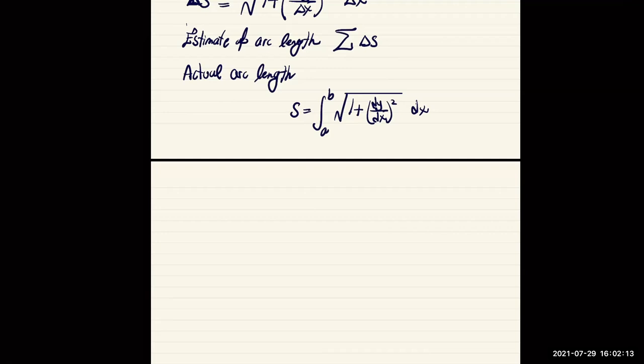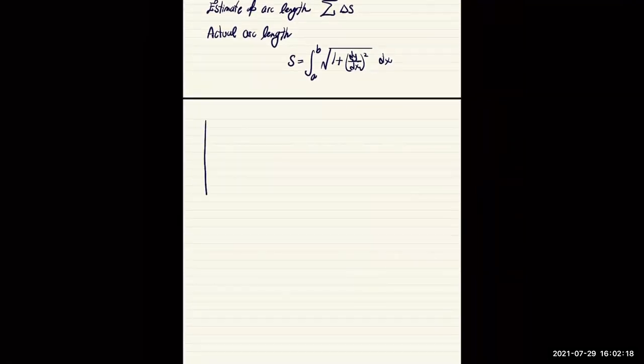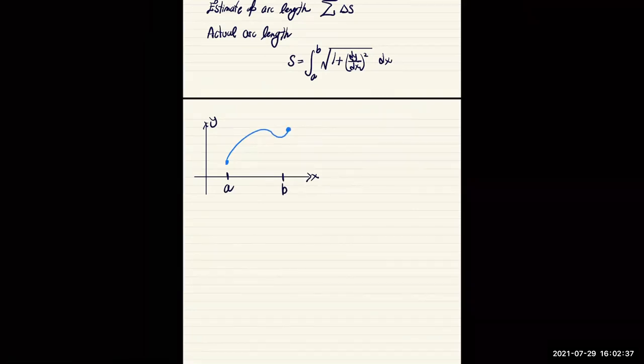But this is it. So again, here's A, here's B, and here is some curve, whatever. The curve can look like whatever it wants. And the equation here is y equal to f of x.